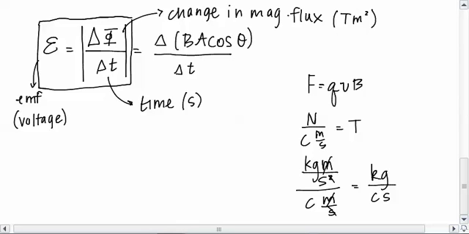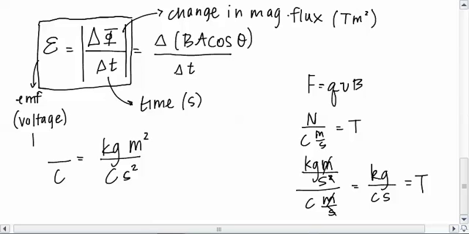So if that's a Tesla, and I substitute it in here, we'll have kilogram times meter squared divided by Coulomb seconds. Divided by seconds gives me seconds squared. And that has to equal our voltage. Voltage is joules per Coulomb. A joule is a Newton times a meter.